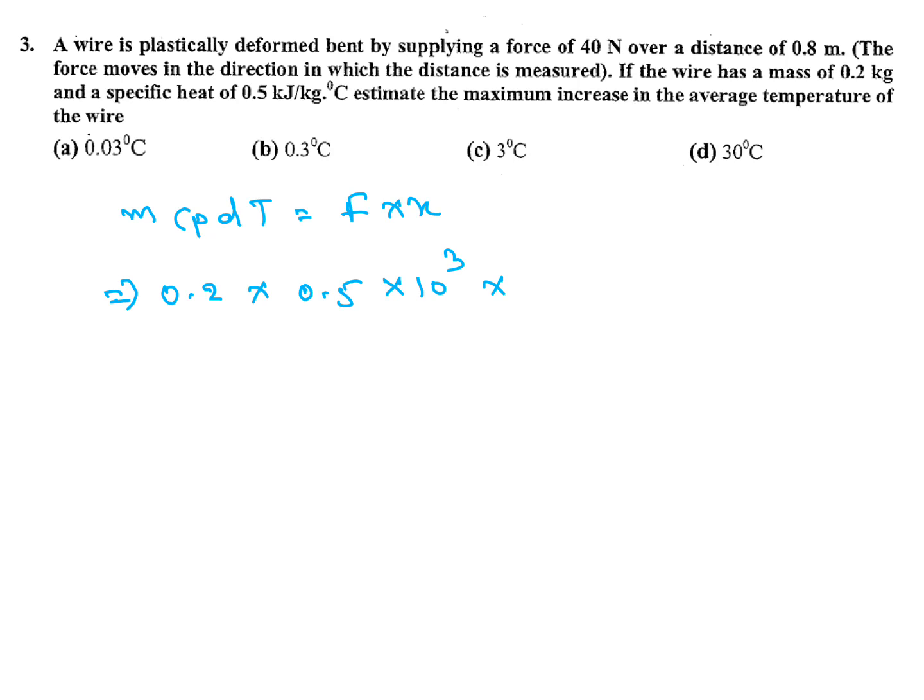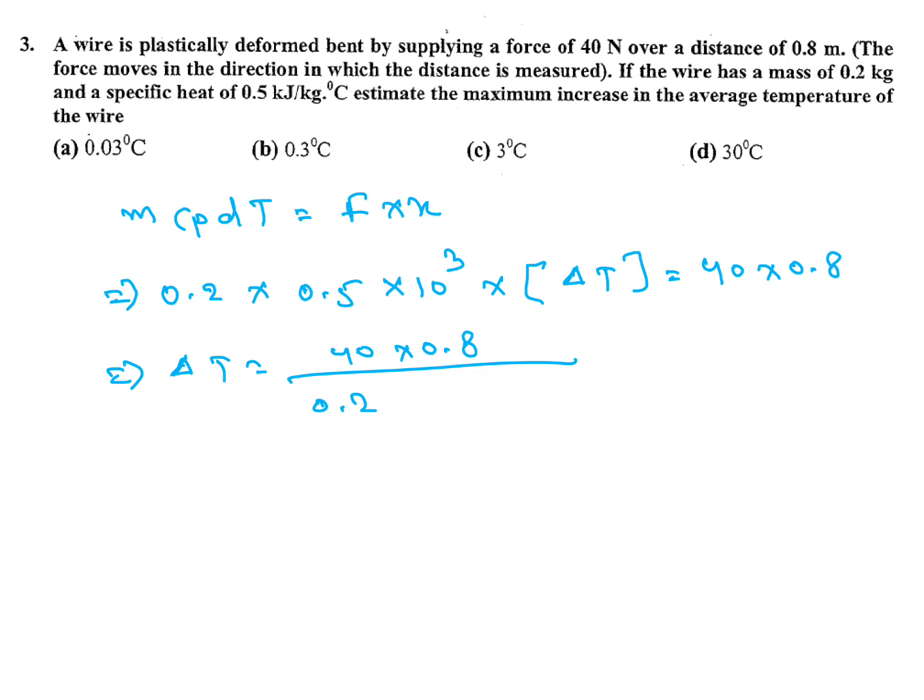Change in temperature is asked in this question. So it's F into x, F is 40 into x 0.8. Then our change in temperature is 40 into 0.8 divided by 0.2 into 0.5 into 10 to the power 3.